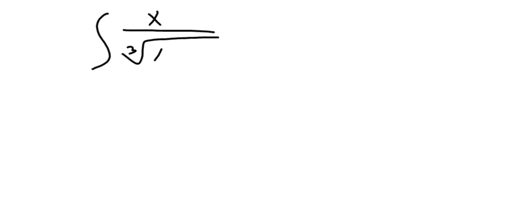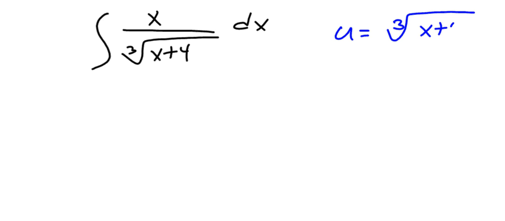So remember, we did the substitution of just the x plus 4 being the u. So if I'm given this equation again, and I want to do my u substitution, maybe I want to do the whole radical in the denominator. And if that's the case, I need to kind of undo the x. So I'm going to cube both sides of this equation, and then I'm going to subtract 4 from both sides of the equation.